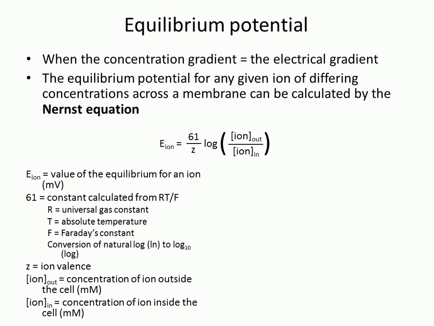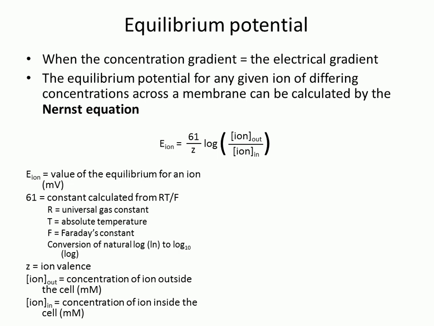All right. So the Nernst equation is this really ugly formula that says the equilibrium potential of whatever the chemical is equal to 61 over Z times the log of the concentration of the ion outside the cell over the concentration of the ion inside the cell.